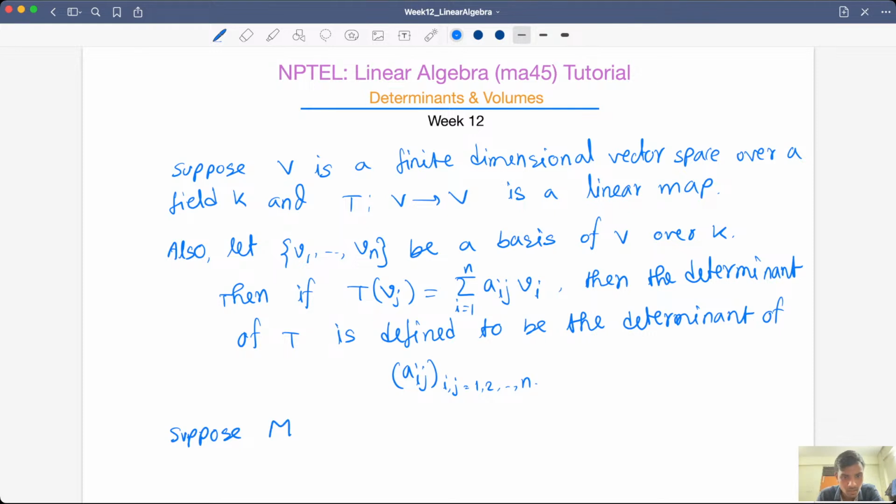Suppose M is a subset of Rn, which has a volume, and T is a linear map again from Rn to Rn.